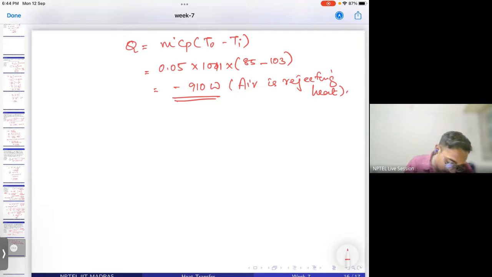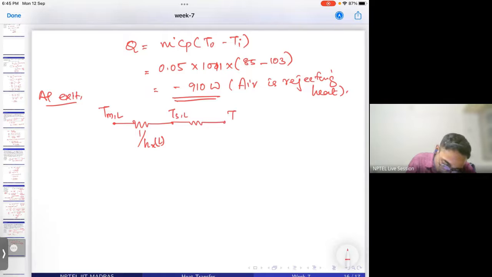So let's take the network analogy. I take the mean temperature at L, then the heat transfer coefficient at L, the surface temperature at L, and T infinity.